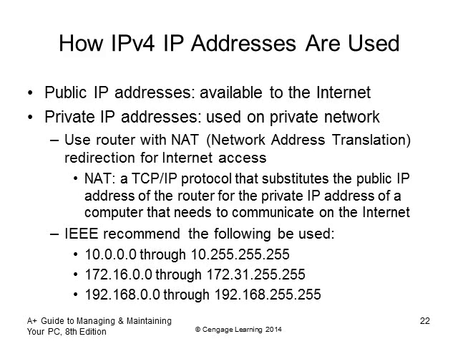A public IP address is an IP address that is available to the internet. A private IP address is used on a private network. For example, our printers here on campus, even though they're network printers and they have an IP address, they have private IP addresses. The printer in our lab has an IP address that starts with 10. If you're in the lab and you're part of that little world, you can see that printer based on the IP address.